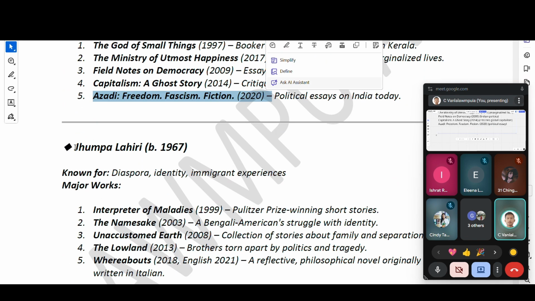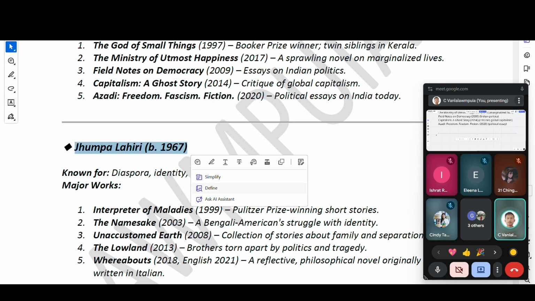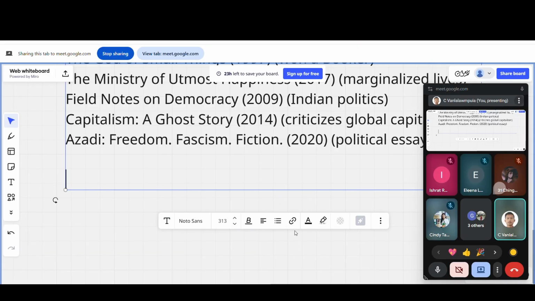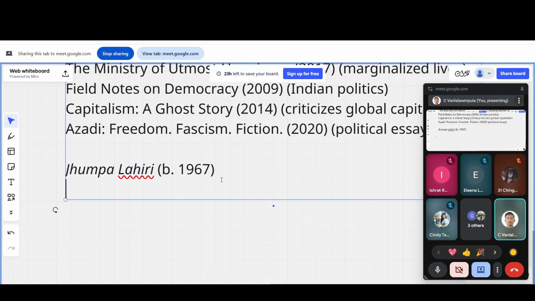Next is Jhumpa Lahiri. Anyone knows Jhumpa Lahiri? Jhumpa Lahiri is a diaspora writer. Okay, diaspora writer. She writes a lot on Native Americans and all, US based.